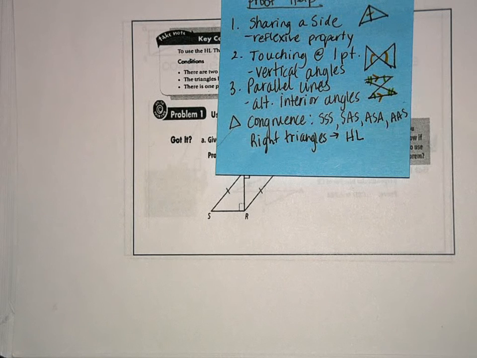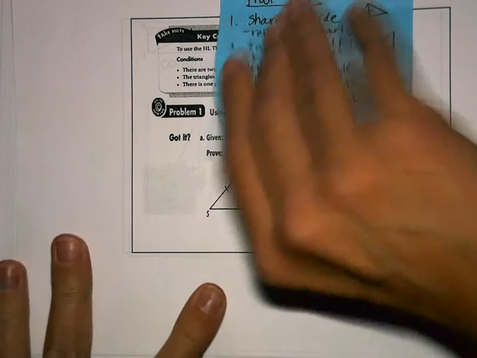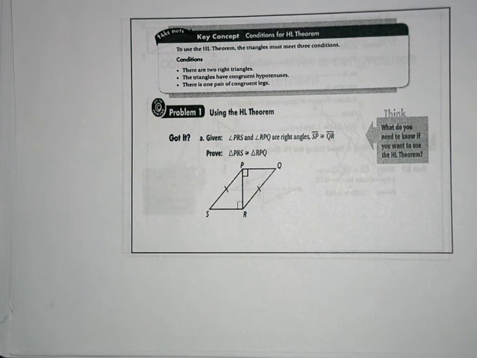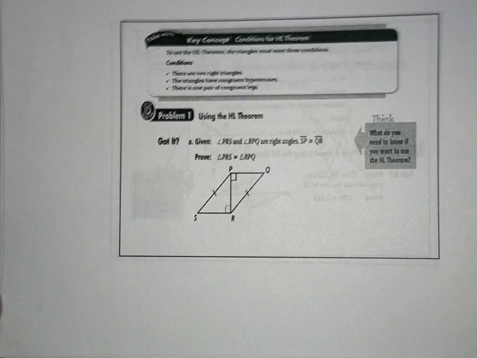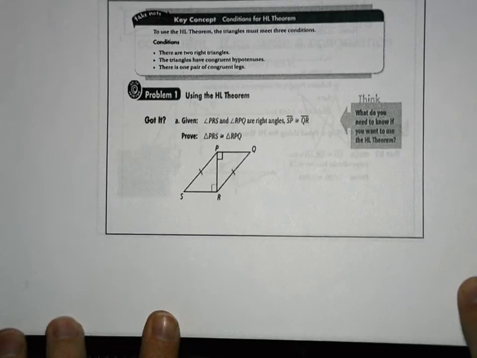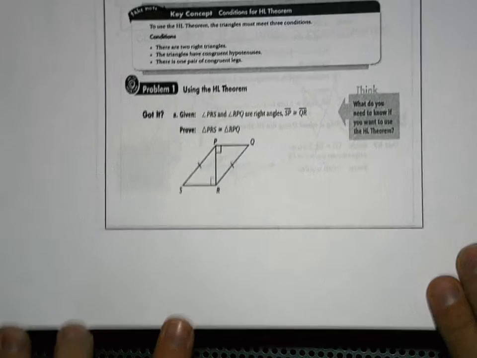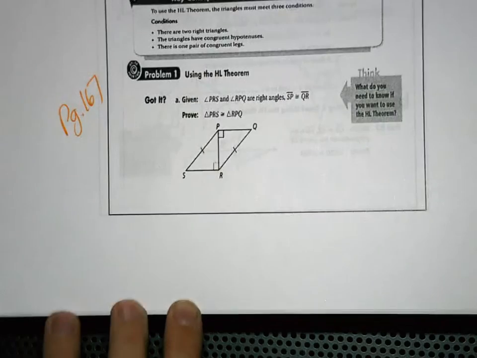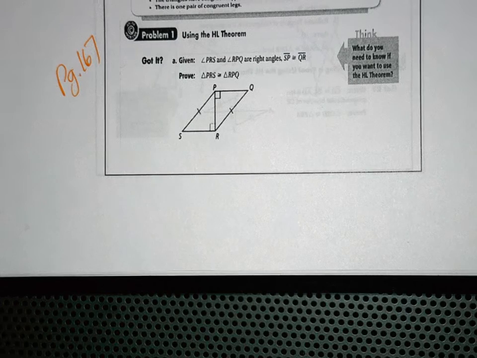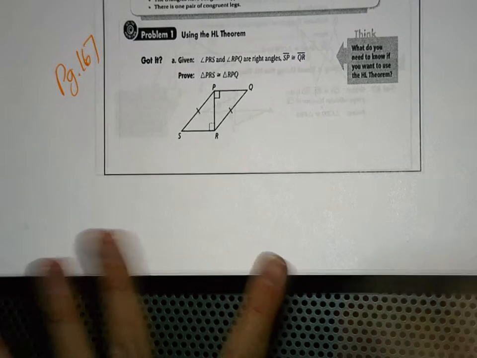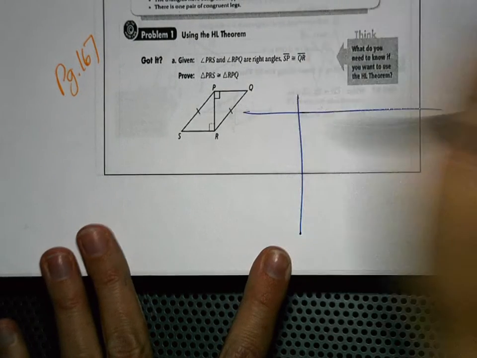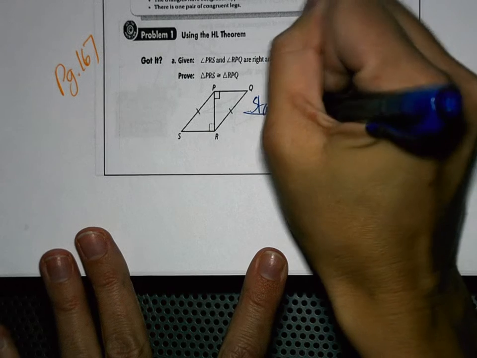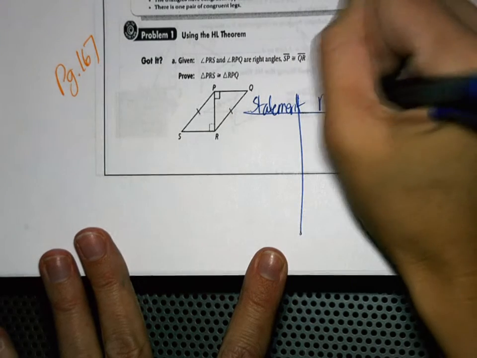Yes? Okay. All right, so we are gonna do a proof here using, and they even tell us, the hypotenuse leg theorem. Okay, this is on page 167, problem 1. Okay, so we're gonna go ahead and do our little chart here, and we have our statement and reason.